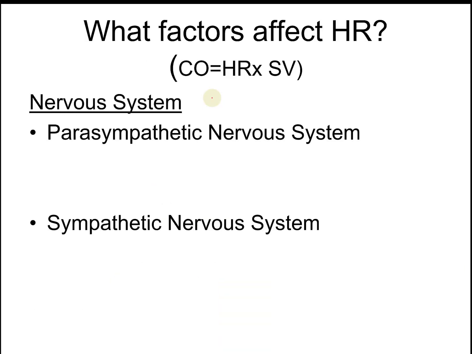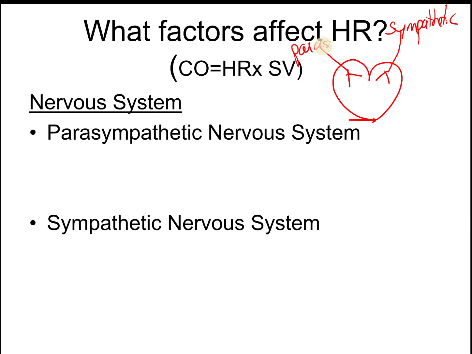However, the heart is still innervated by the sympathetic and the parasympathetic nervous system. It's not initiating a heart rate, an action potential, but it is moderating the speed with which the heart beats.